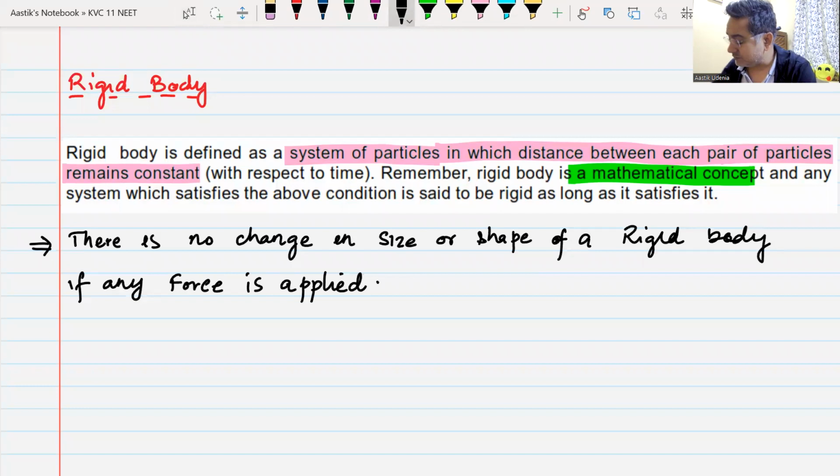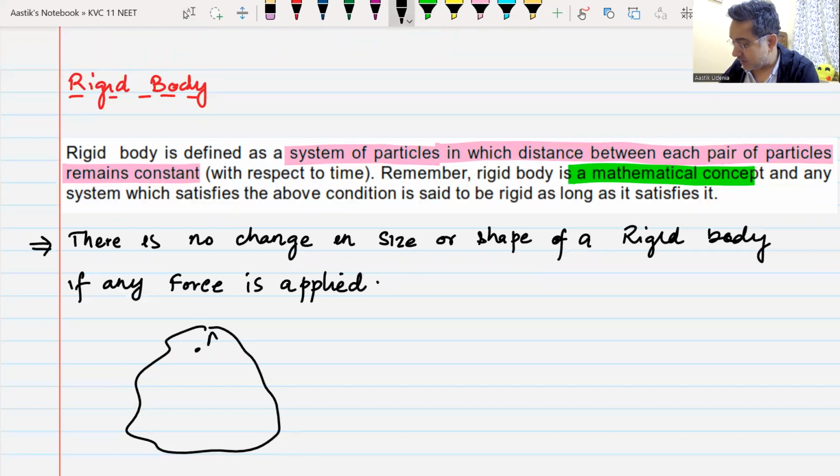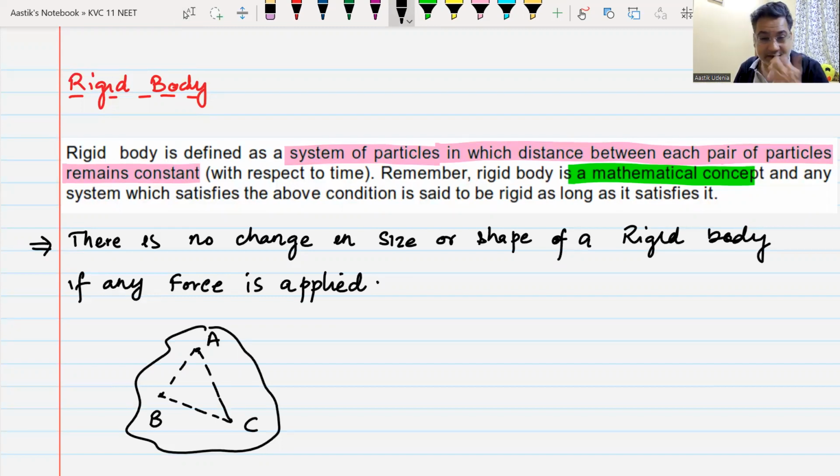Suppose this is a body of a random shape, and there is a particle A, a particle B, a particle C, and so on. Whatever force I apply on this body, the distance between B and C, the distance between A and B, and the distance between A and C never changes. If it never changes, that means the shape and size of the body is never going to change.